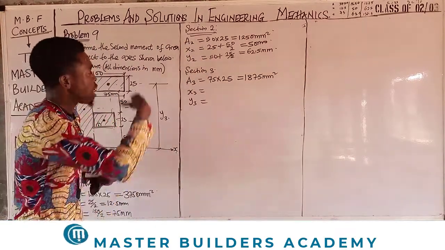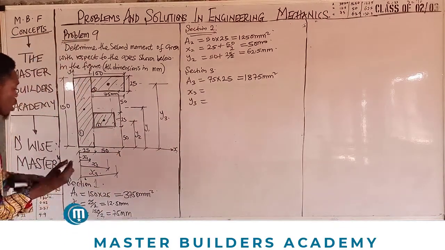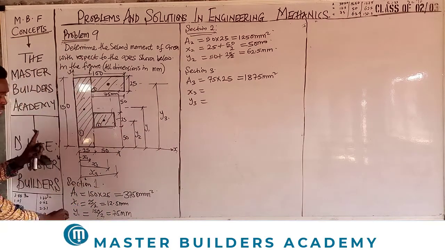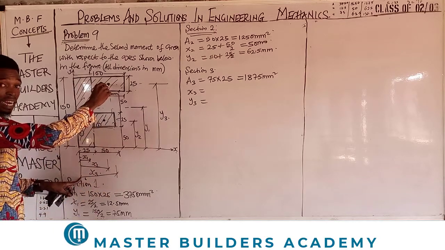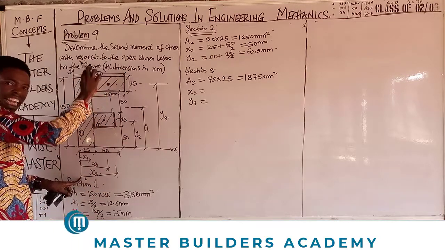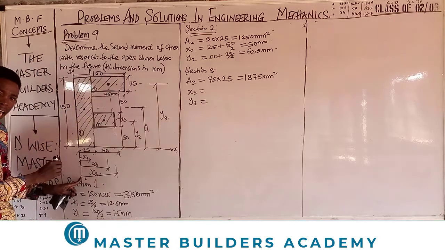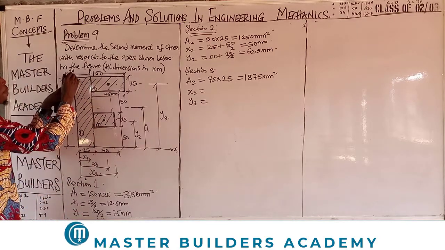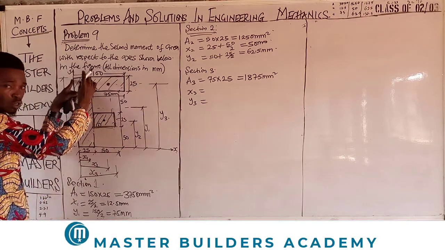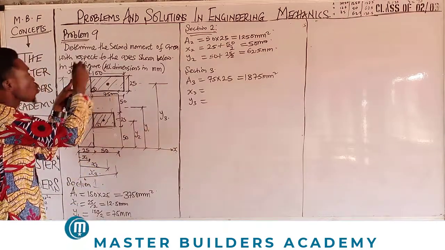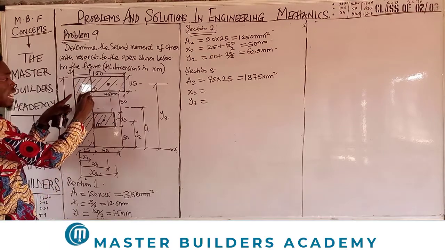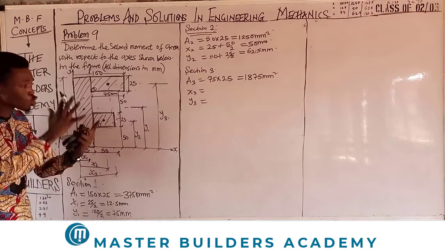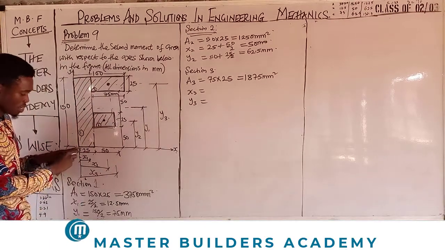Are you there? Now for centroid 3, this is our reference line, and centroid 3 goes from the reference line to the center of section 3. Remember that section 3 does not have direct contact with the reference line. There is a gap between the reference line and where section 3 starts. The space between them is 25, which is this thickness.